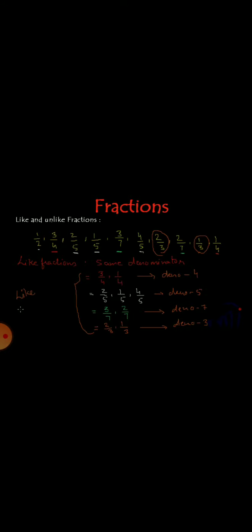So these are like fractions. Like fractions are the fractions which have the same denominator, and from the given set we found the like fractions by watching their denominators carefully, right? So this was like fractions.